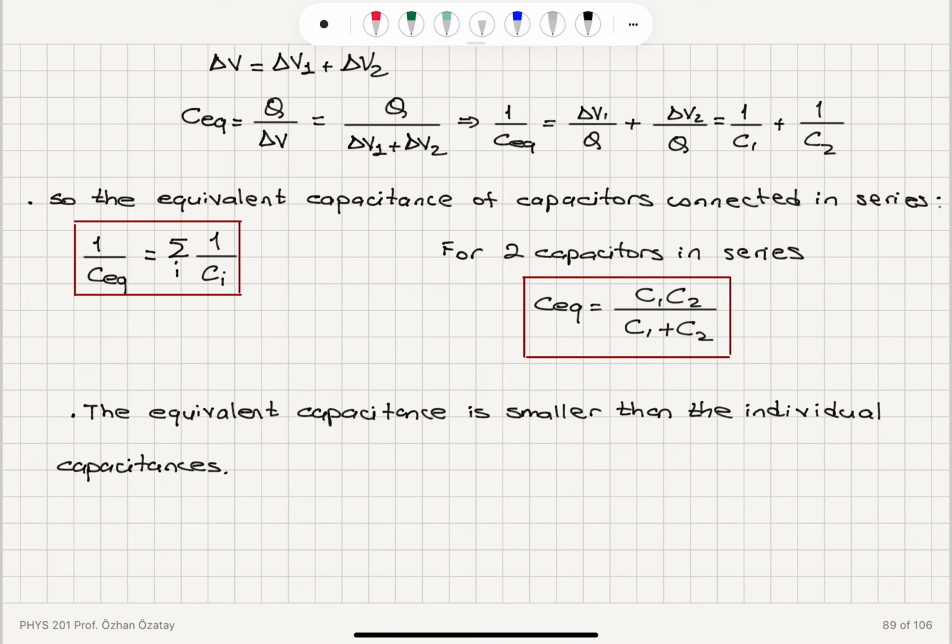So what I observe is that the equivalent capacitance is smaller than the individual capacitances. This is an important result. It's going to be smaller than the individual capacitances. In the parallel connection, the capacitances would add up, and the equivalent capacitance would be larger than any one of the individual capacitances.